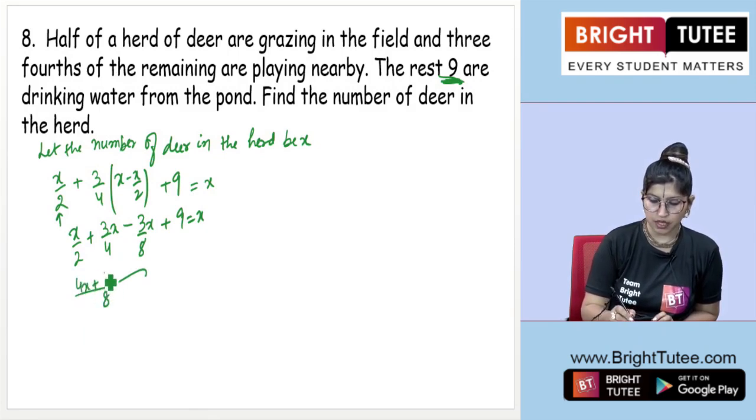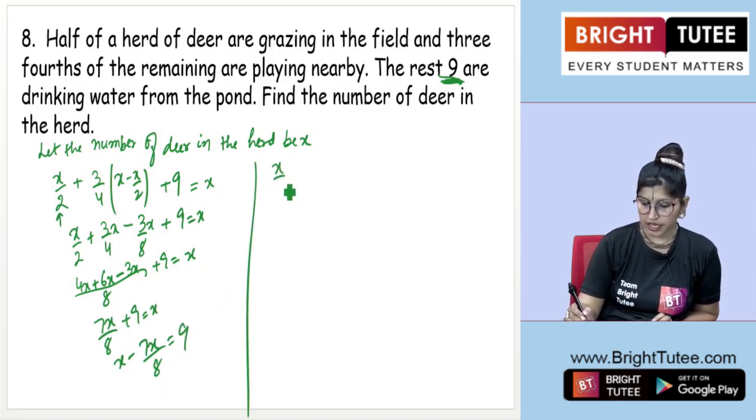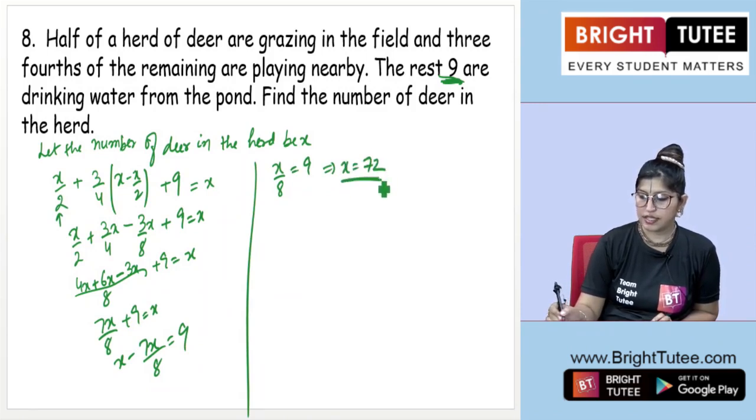So 4x plus 6x minus 3x plus 9 equals 8x. 6, 4, 10, 7x upon 8 plus 9 equals x. Next step will be this. Now 8x minus 7x is x upon 8, which is 9. It means x is equal to 72.